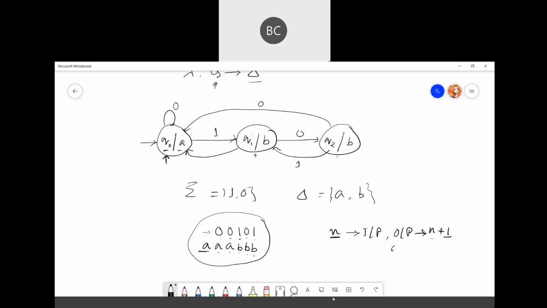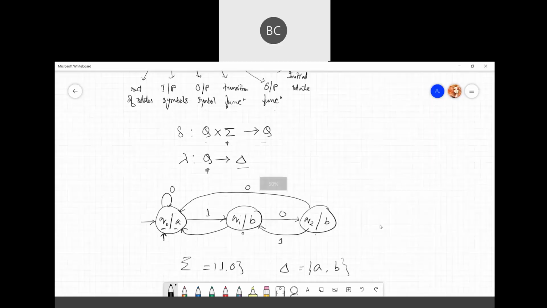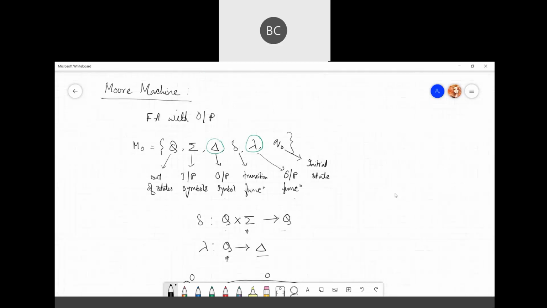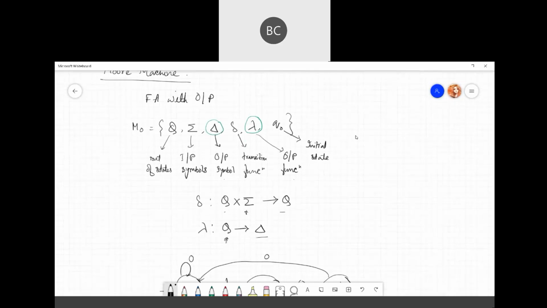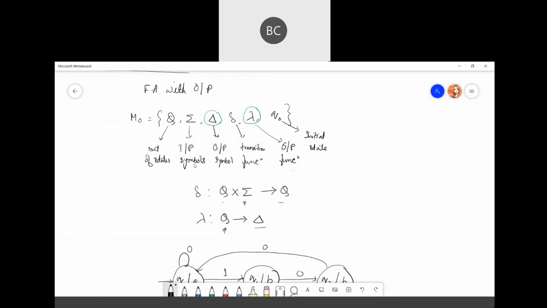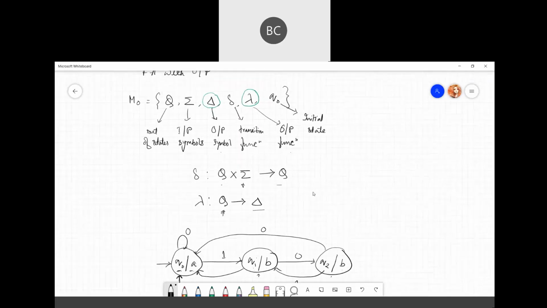Okay, so I'm just repeating again. What is a Moore machine? It's a finite state automata with output. It is just similar to your DFA, just that we will have output symbols and the output function. Transition function is just the same. So this is a total of 6 tuples.